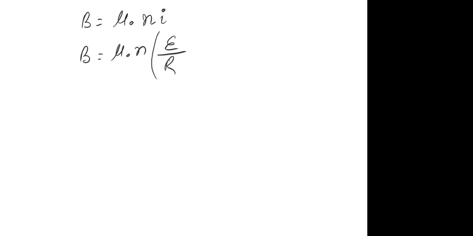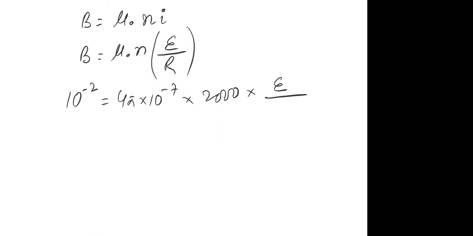What we were supposed to do is find the value of voltage. Can we write current as voltage divided by resistance? You must be aware of this. Current is equal to voltage divided by resistance. The magnetic field that we need is 10 to the power minus 2 Tesla. Mu naught is 4 pi into 10 to the power minus 7. Number of turns per unit length is 2000, multiplied by E divided by resistance.